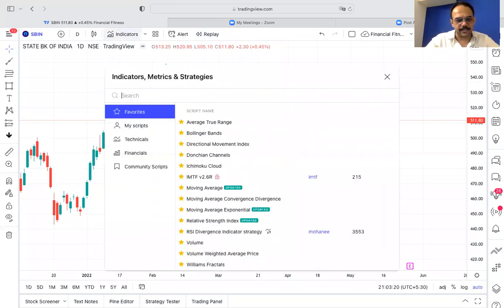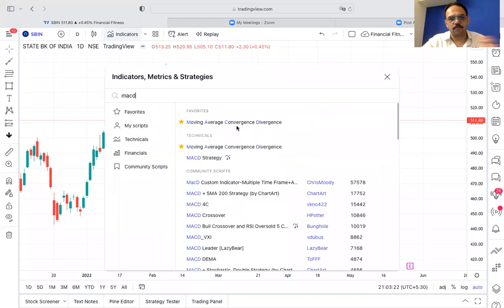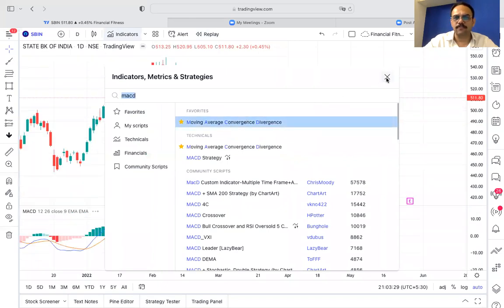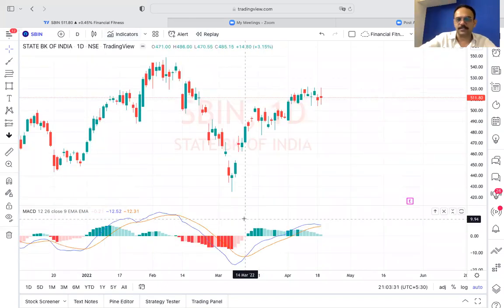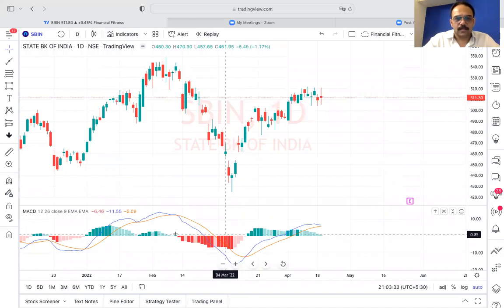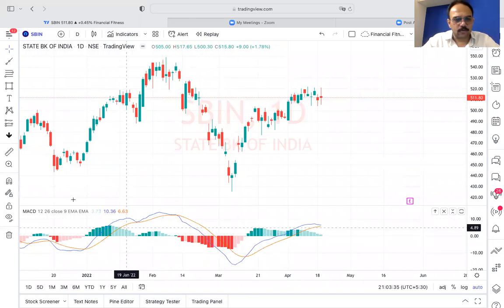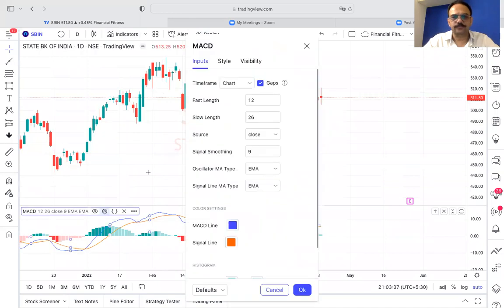First is the MACD, the normal traditional moving average convergence divergence. We apply it on the chart and it will appear like this. Step number 2, go to the settings. There are two lengths, fast length and slow length. Change the fast length to 9.